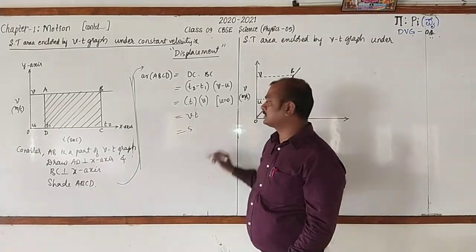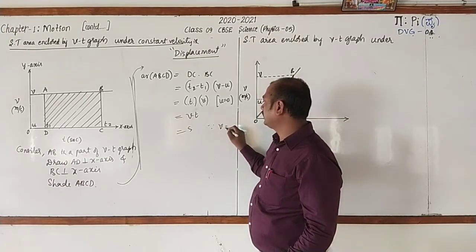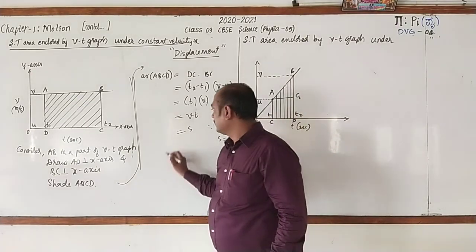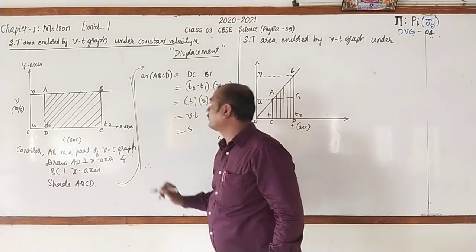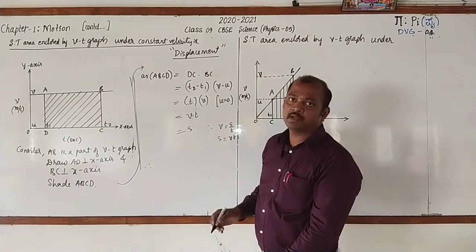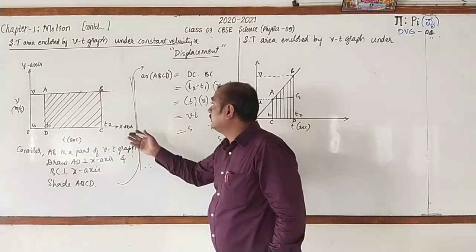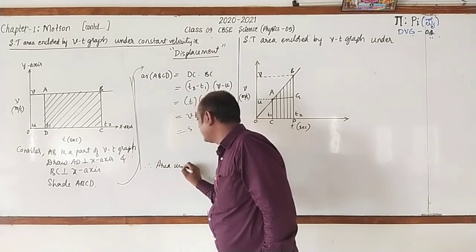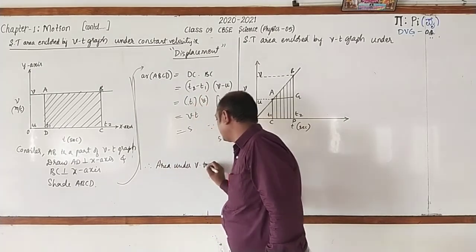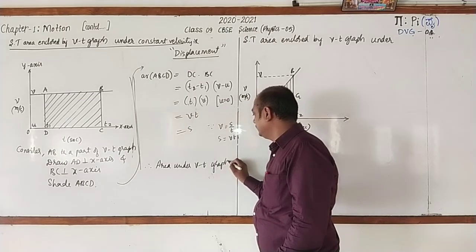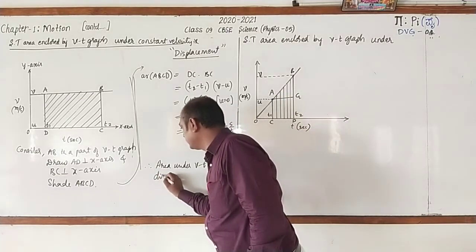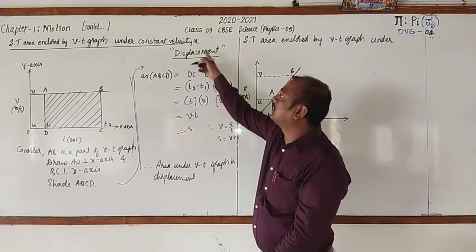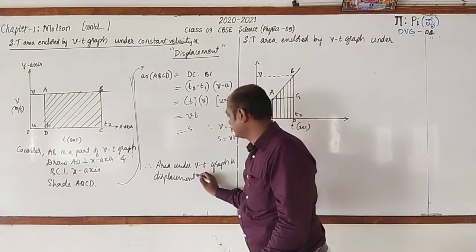Vt is equal to S. The reason is V equal to S by T and S equal to Vt. So conclusion, therefore area under Vt graph is displacement. Displacement with respect to what? Constant velocity.